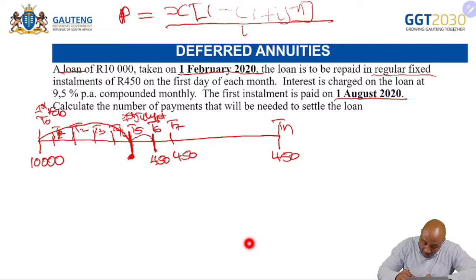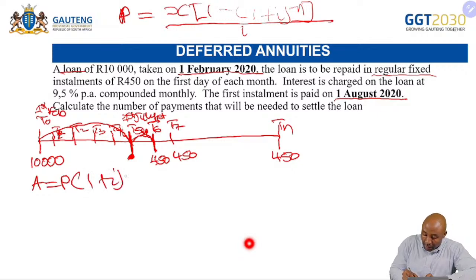Then remember, we will have our gap before the first payment at T6 of 450 rands.